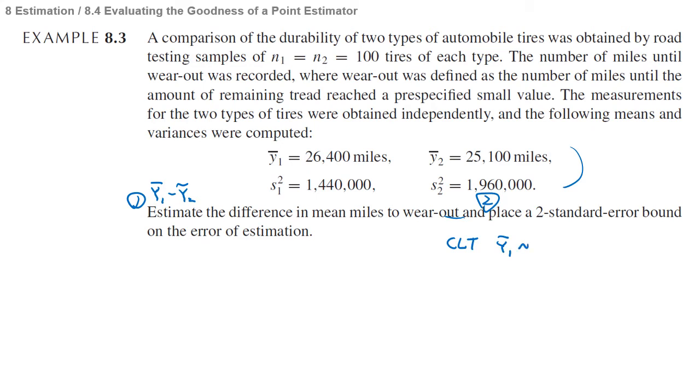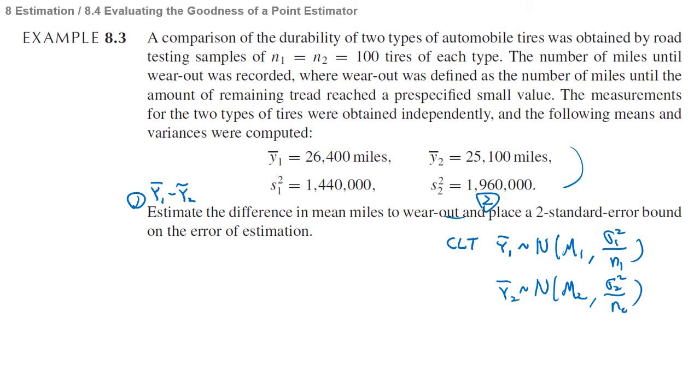Y1 bar follows a normal distribution with mean mu1 and variance sigma 1 squared over n1. For Y2 bar it is normal with mean mu2 and sigma 2 squared over n2.